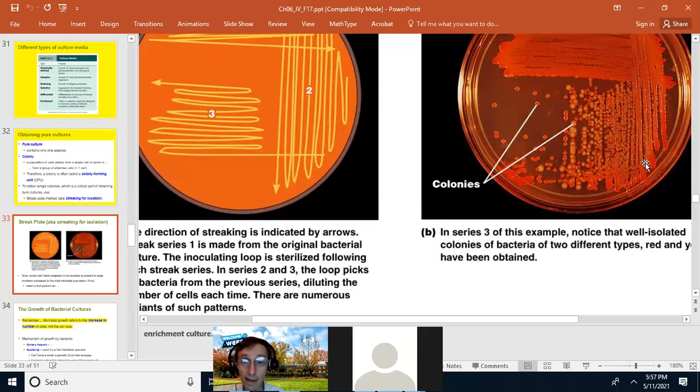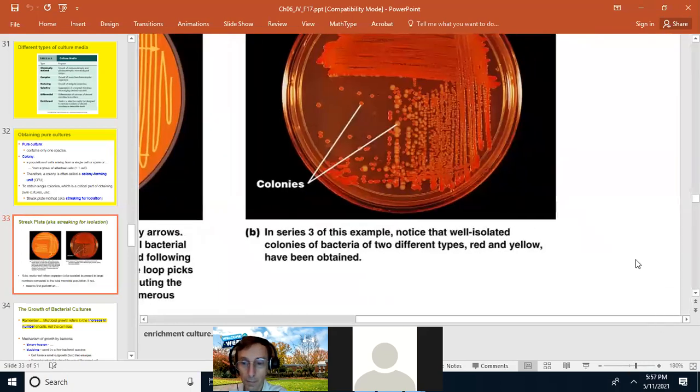And in this case, we'd have to streak it out 3 times to get a pure culture, because the yellow colonies, the first time, it's not an isolated colony. Everyone understand that? I think that was a quiz question earlier, or no, a lab question earlier.